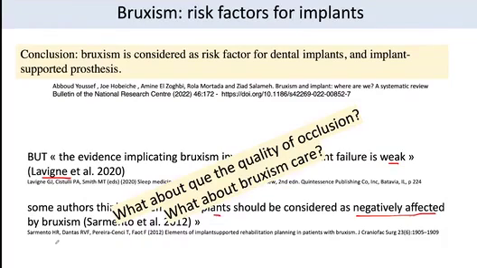In front of a bruxer, we need a very high quality of occlusion first, specifically stabilizing function, quality of ICP, and guiding function.